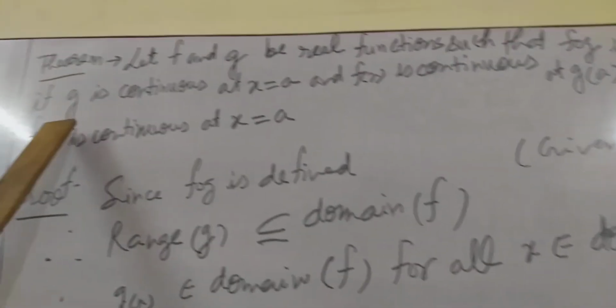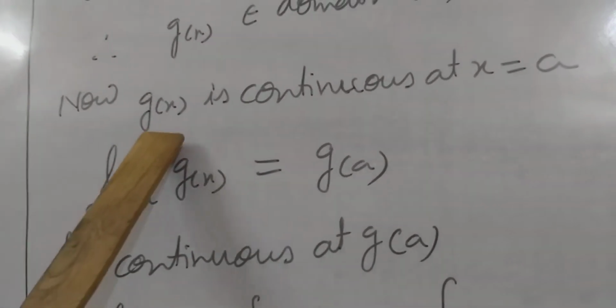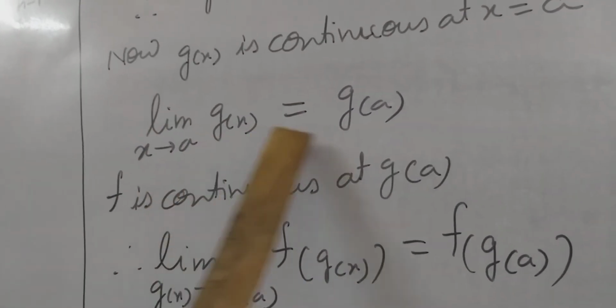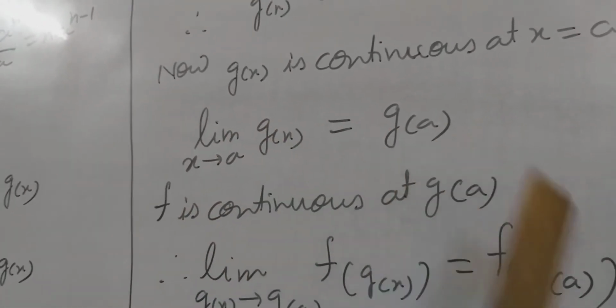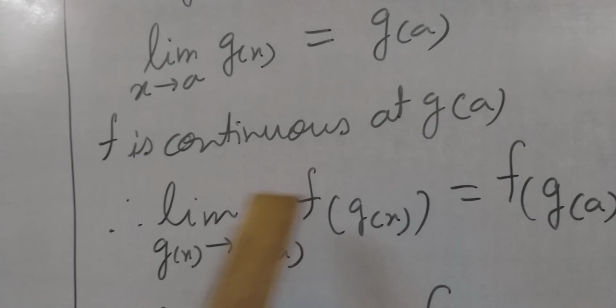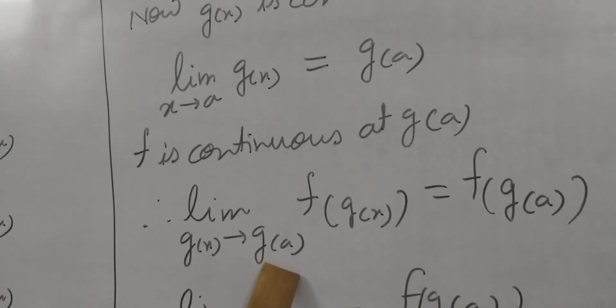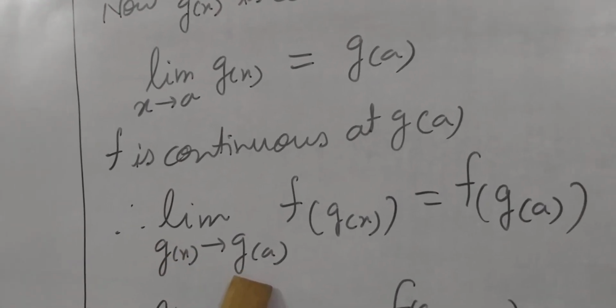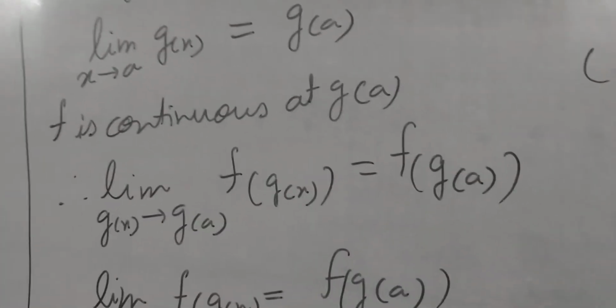Now, students, it is also given to us g is continuous at x equal to a. g(x) is continuous at x equal to a, so limit x tends to a, g(x) equals g(a). We can put the value of x as a here. And it is also given to us f is continuous at g(a). So limit g(x) tends to g(a), f(g(x)) equals f(g(a)).